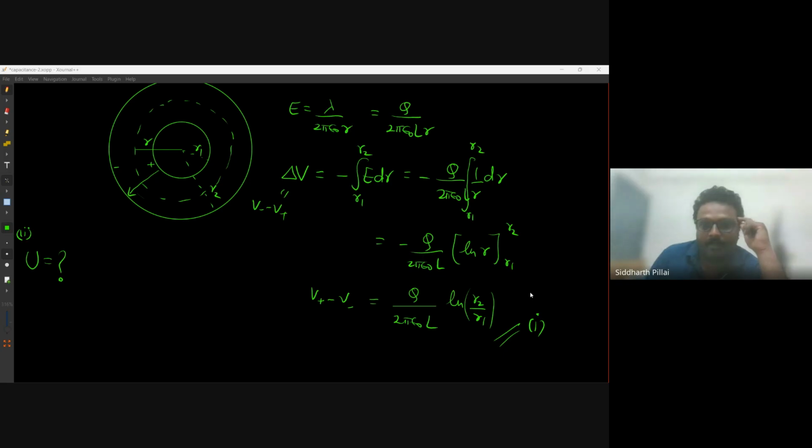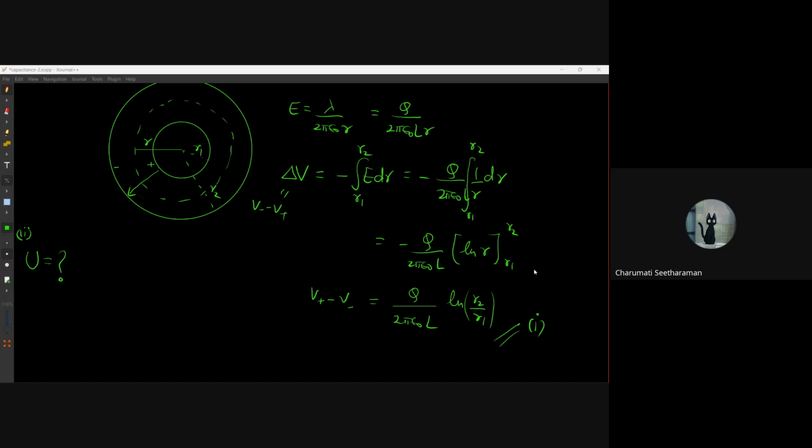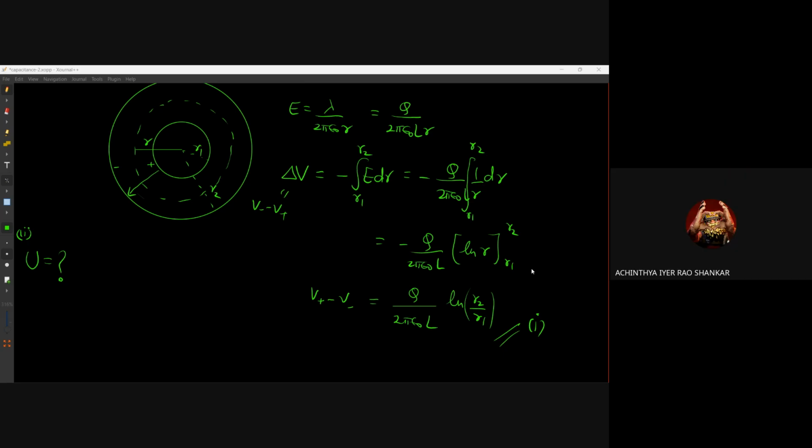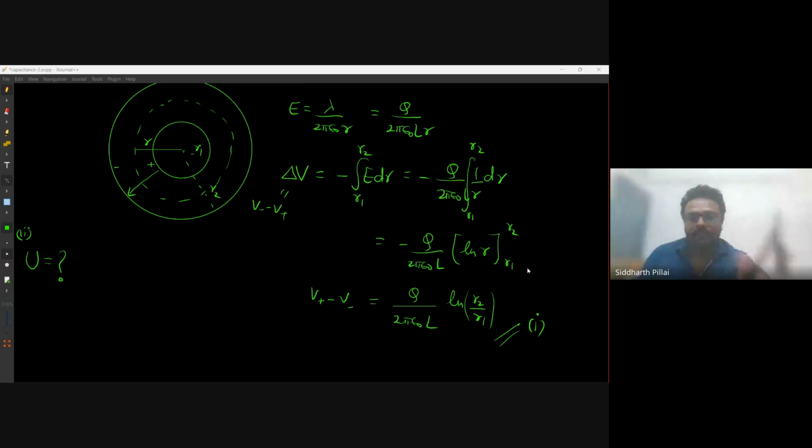The second answer, has anyone written? I've only seen the first. It's okay, you write down the second one also. It's a similar form, but dimensionally it will be different, right? Because they're asking energy.